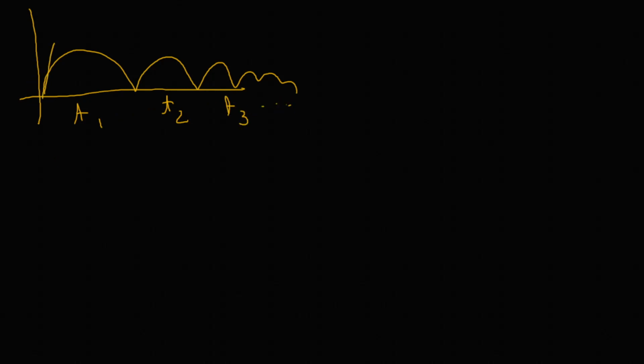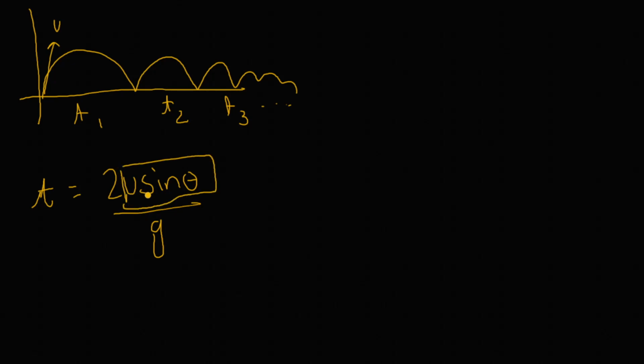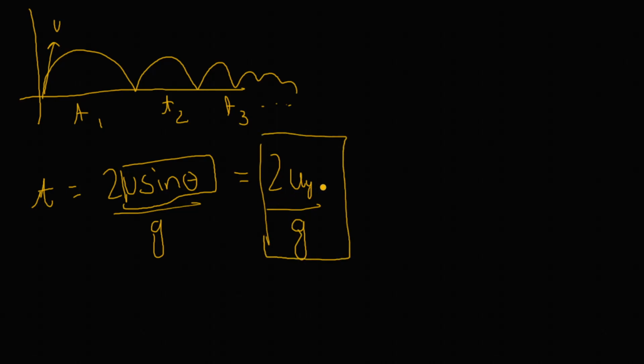We know that the time of flight of a projectile is given by 2u sine theta by g. This u sine theta, let me write it as the vertical component of the velocity, uy. You will see soon why we are doing it. So 2uy by g is the general time period of a projectile. So we have t1 equal to 2uy by g.